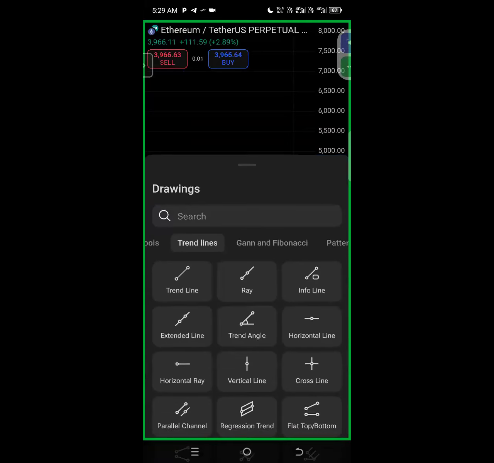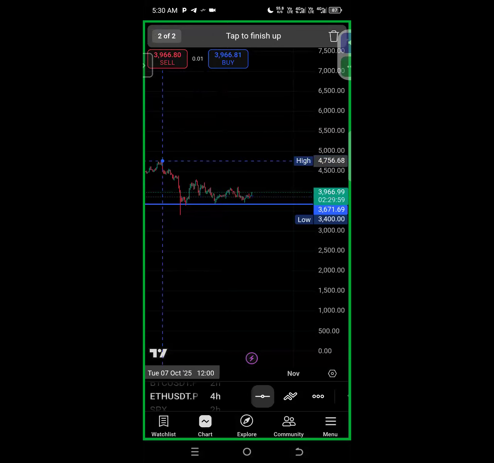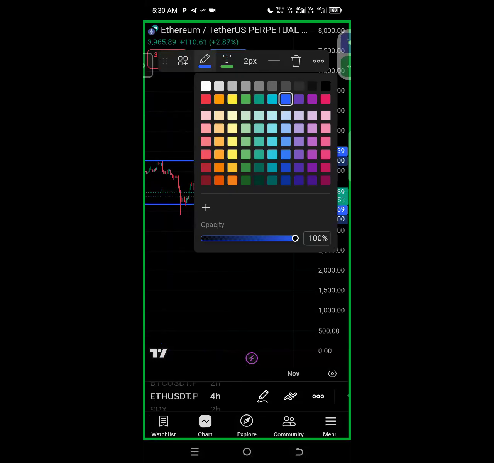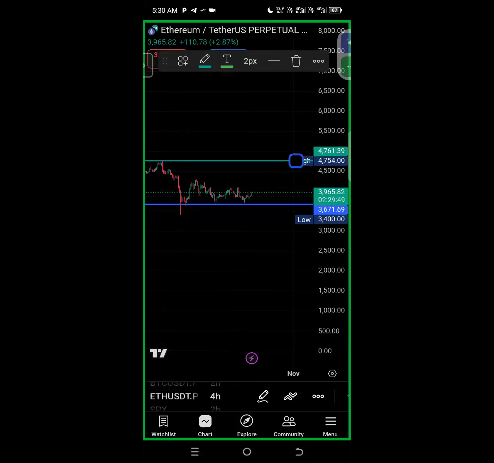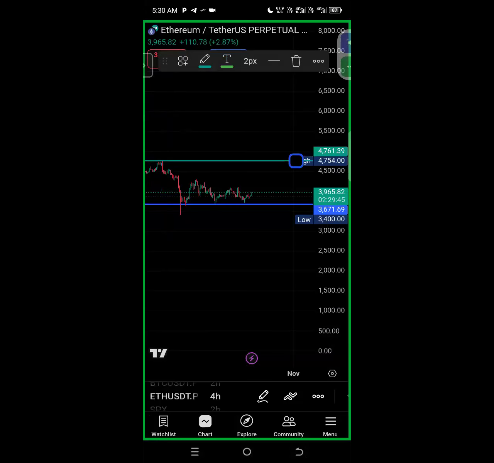The next one. Okay, so you can just add more. Basically, I don't like drawing plenty lines. At least two or three is okay.